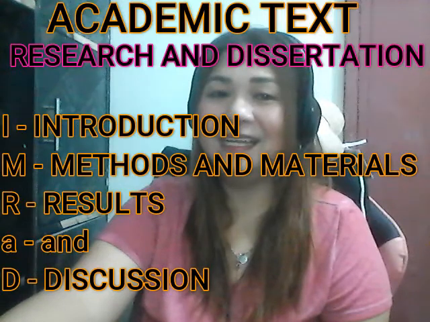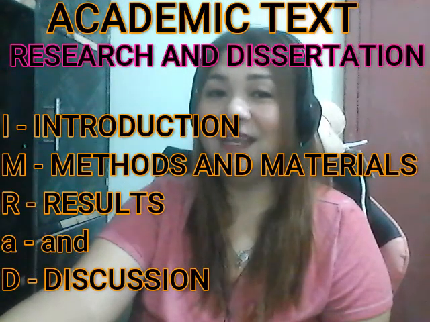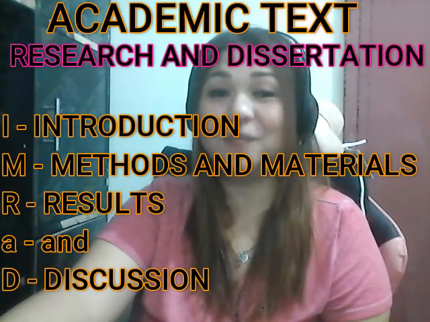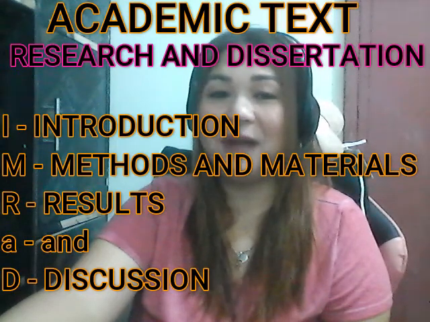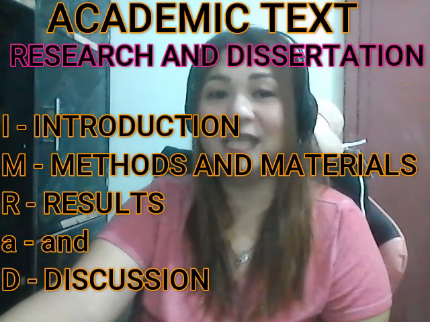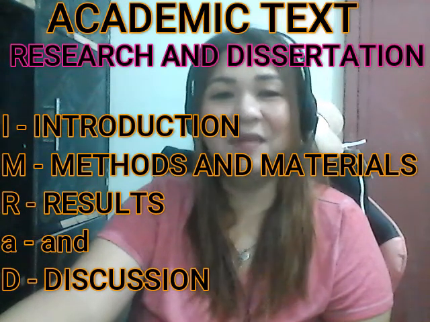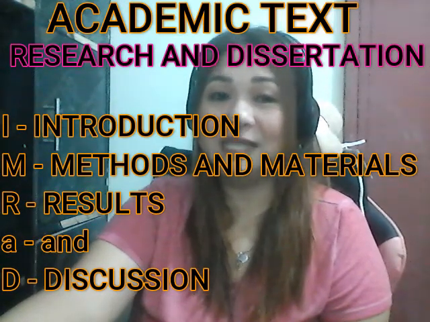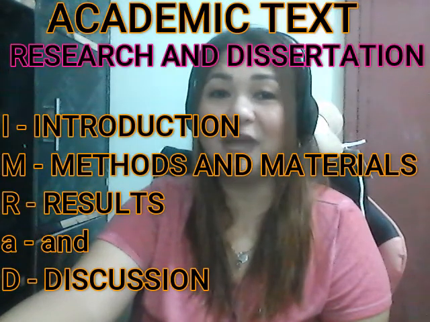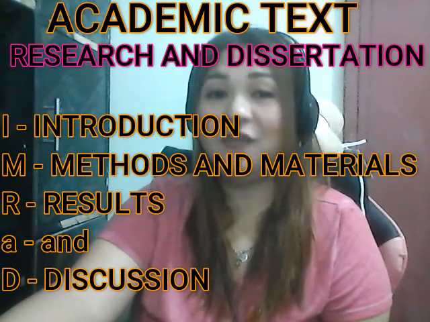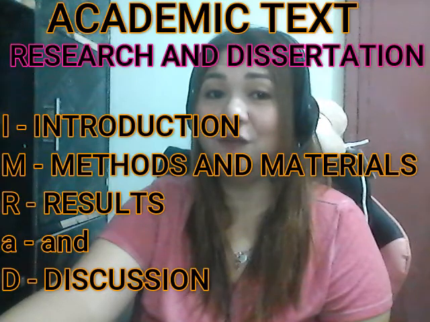And lastly, the discussion, wherein you discuss the results of your project by making comparisons with the other studies and creating recommendations. The IMRAD structure has proven to be successful when it comes to scientific writing since this qualifies as a literature review.